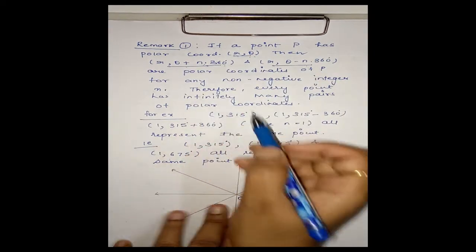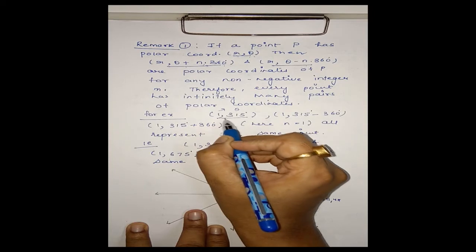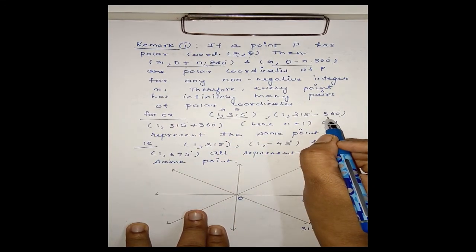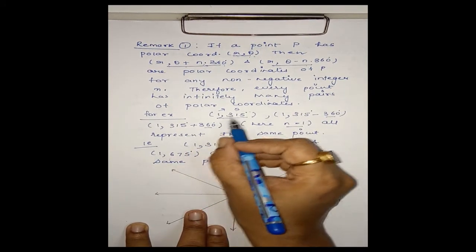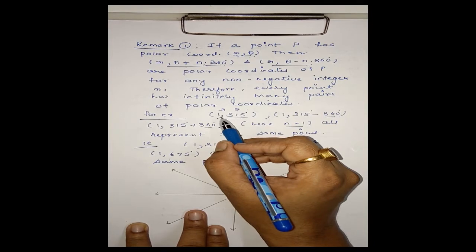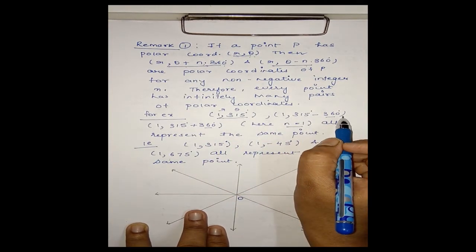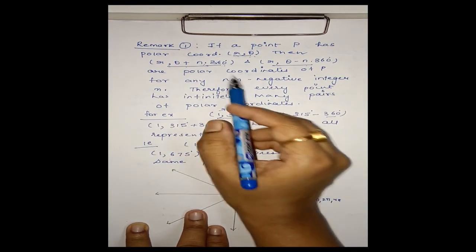For example, if I have this polar coordinate (1, 315 degrees), then adding and subtracting 360 degrees, here we are taking n to be 1, we have the same polar coordinate. This is (1, 315 degrees), (1, 315 minus 360 degrees), (1, 315 plus 360 degrees), taking n to be 1 here.